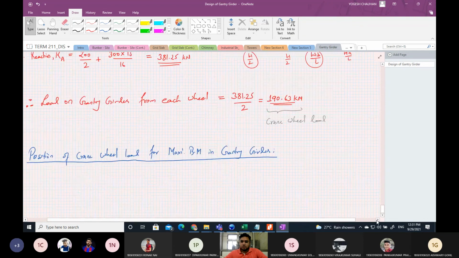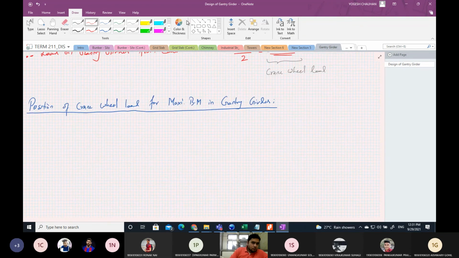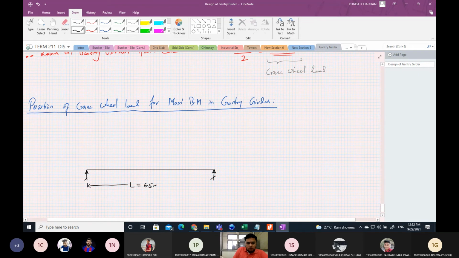So let us draw it again. The span of the gantry girder, L equals 6.5 meter. This is the span of the gantry girder.